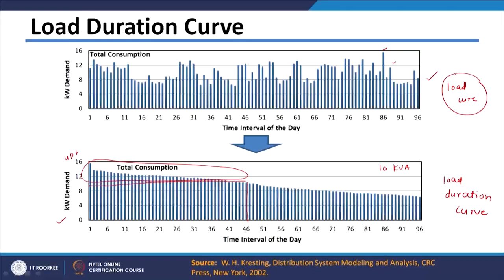From the load curve you will not get this information. However, from the load duration curve we will get it because we are arranging in descending order. So how much time your equipment is getting overloaded can be calculated from the load duration curve.